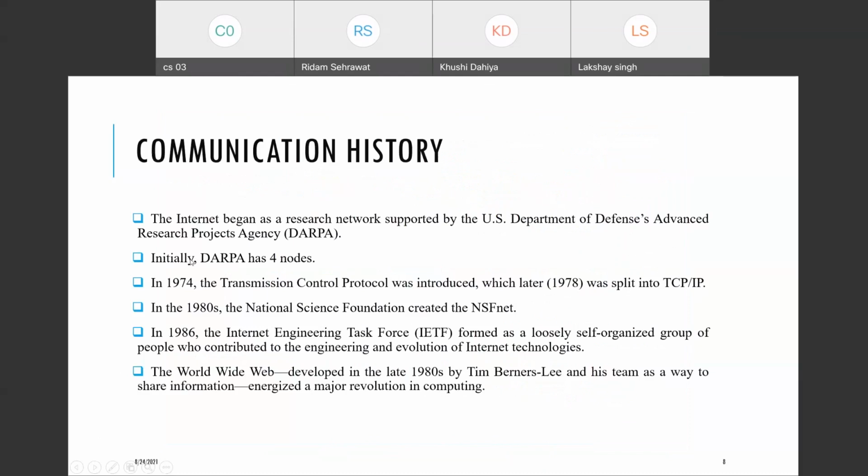Now we have divided your history into different parts, like communication history and computing history. So first is your communication.